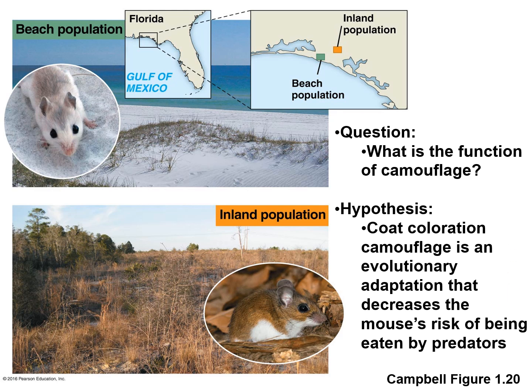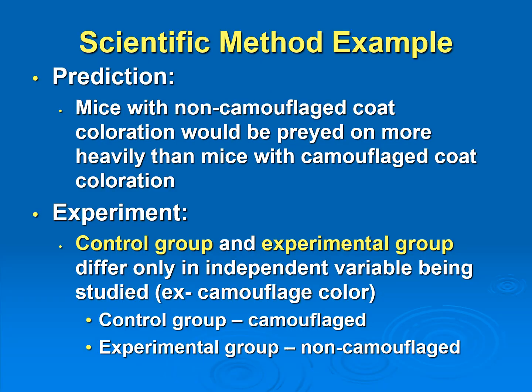Okay, so now we come up with our prediction. So we predict that mice with the non-camouflaged coat coloration would be preyed on more heavily than mice with the camouflaged coat coloration. Okay, so with our experiment, we're going to have a control group and an experimental group.